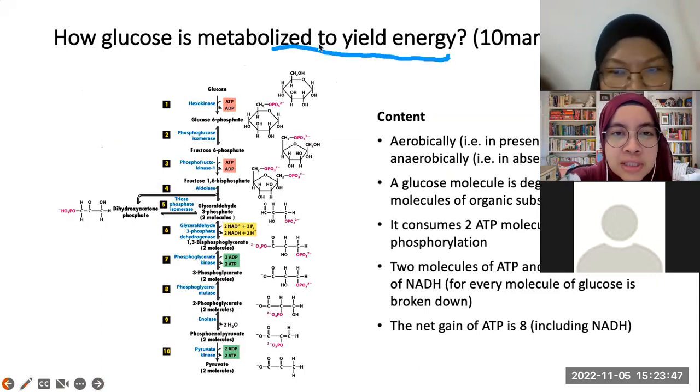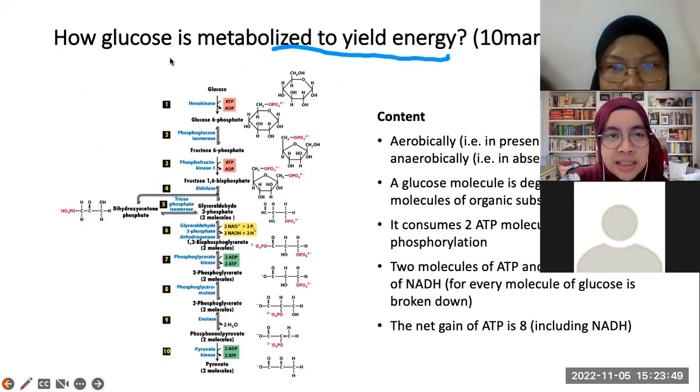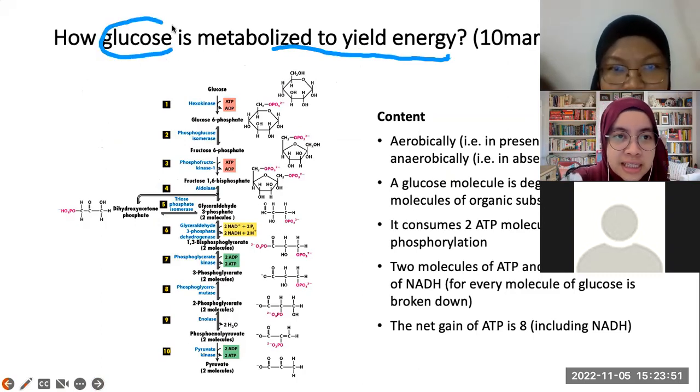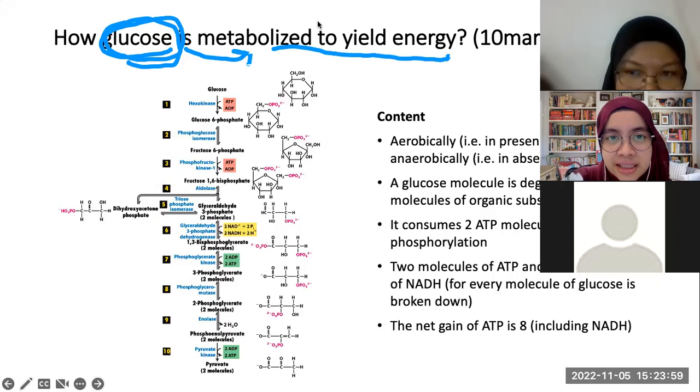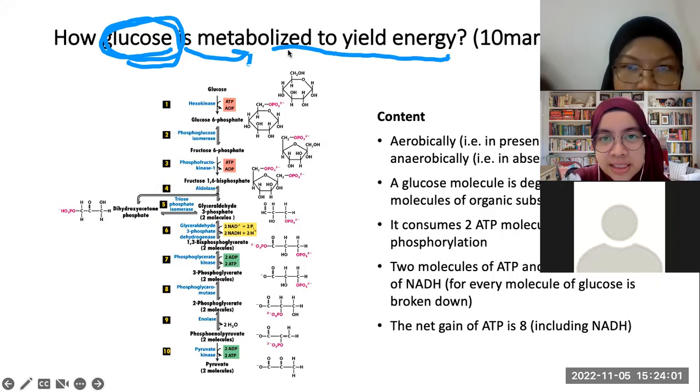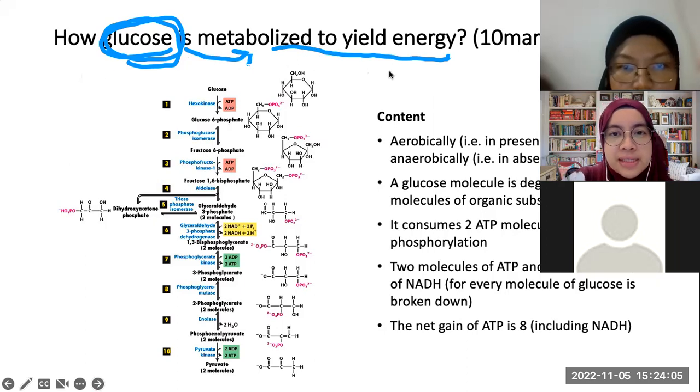So how glucose is metabolized to yield energy. Now you know there's an increase or input of glucose, and this glucose is contributing to energy. So this question is asking you about glycolysis.